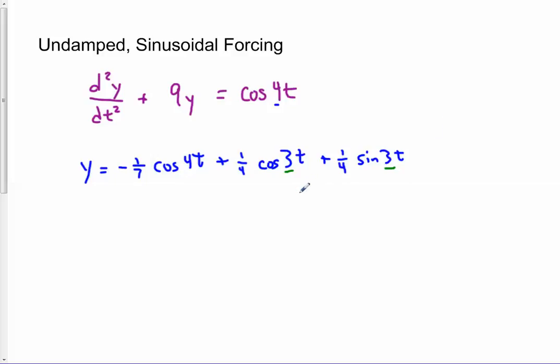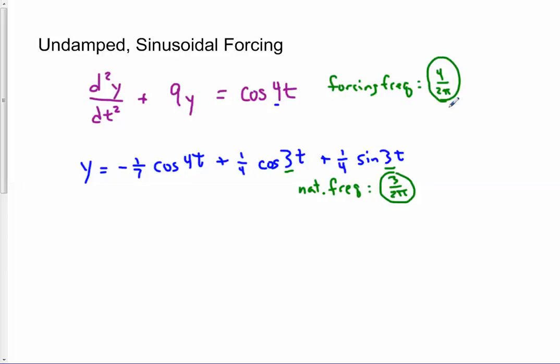And we said that the natural frequency was 3/2π, but that our forcing frequency was 4/2π. So in other words, the forcing was not in sync with what it naturally wanted to do. It naturally wanted to cycle this many times per second, but it was being pushed this many times per second.